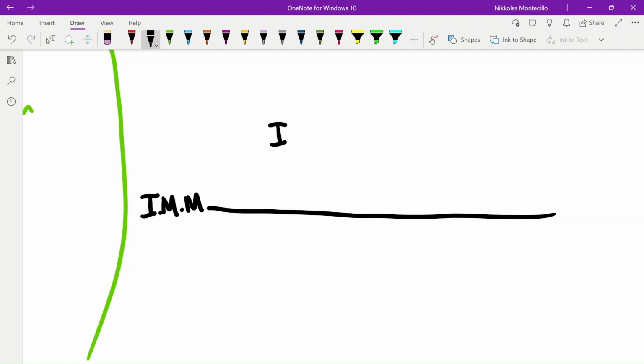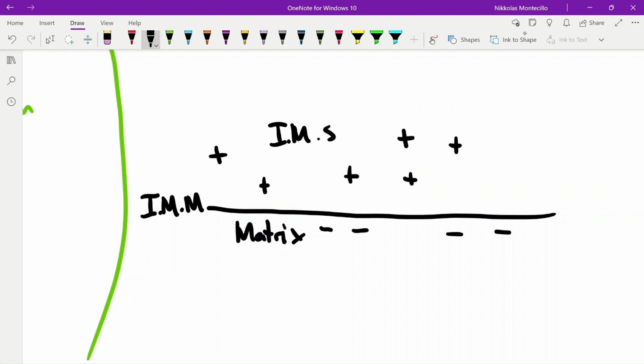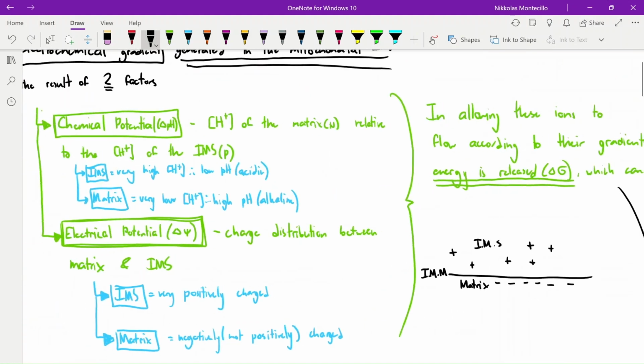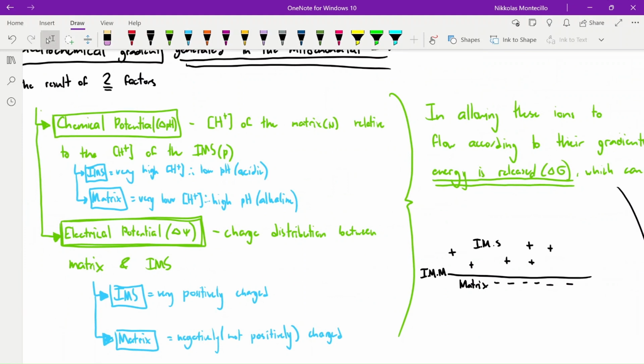This is the intermembrane space, the IMS, and then this is the matrix. We can see here that the charge distribution here is relatively positive, and then on the matrix side we observe it to be relatively negative or less positive, right? So that's just what the electrical potential is referring to. It's just the charge distribution between the matrix and the IMS, right?